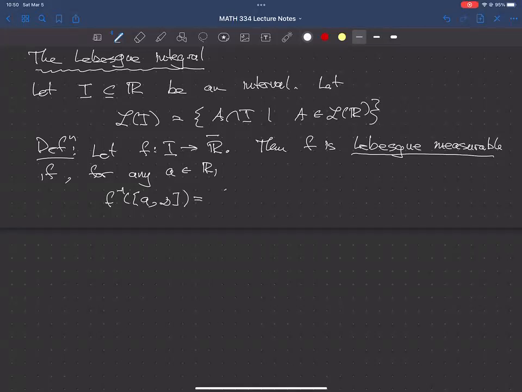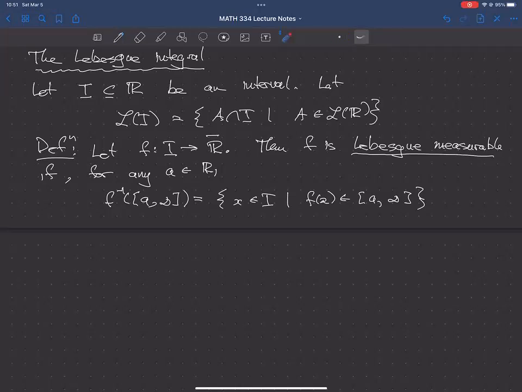This is the set of points x in I so that f of x is in here. That's what I mean by pre-image. It's certainly not the inverse of f, because f is generally not invertible, so it's a pre-image, not an inverse.